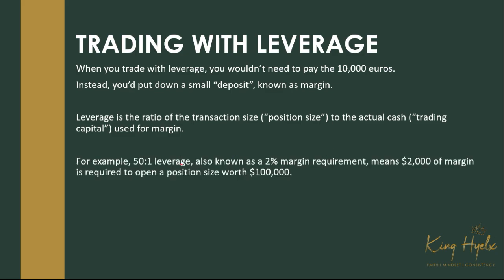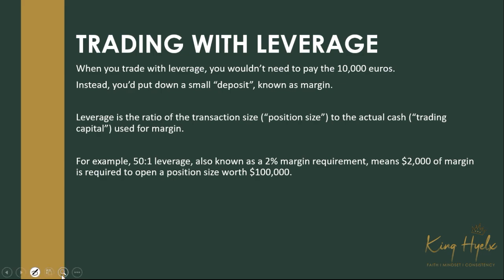For example, a 50-to-1 leverage, also known as a 2% margin requirement, means that, let's say you want to open a position, or you want to buy 100,000, that's a standard lot of a particular currency, and you don't have up to $100,000, right? You would deposit $2,000 and use a leverage of 50-to-1. Now this 1 stands for however much capital you have.